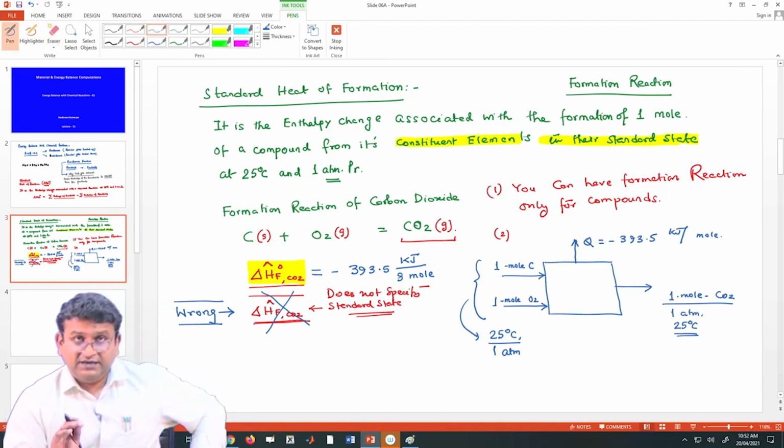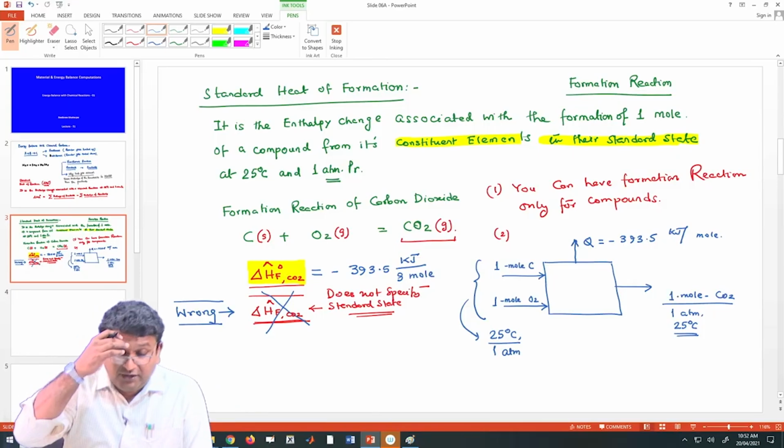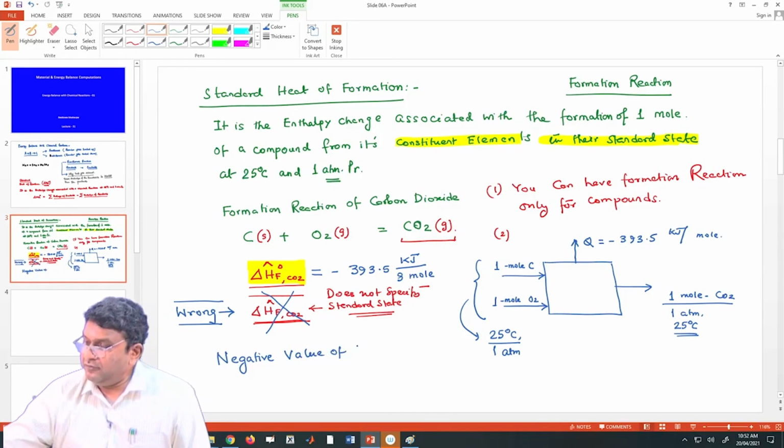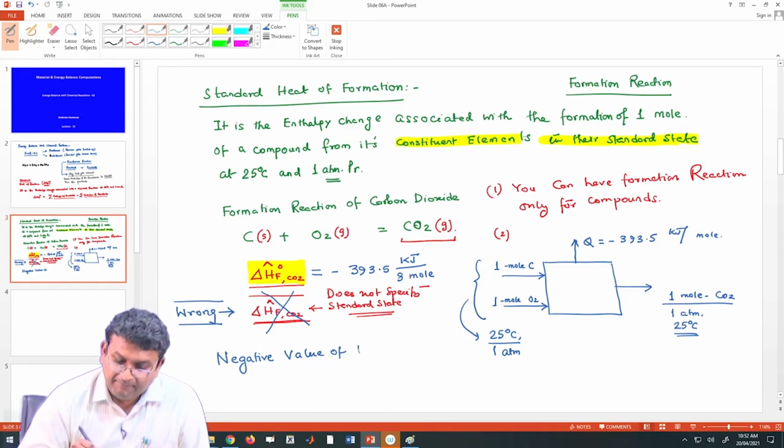There are certain riders in formation reaction. What you may please remember, a negative value of heat of formation means essentially exothermic reaction.